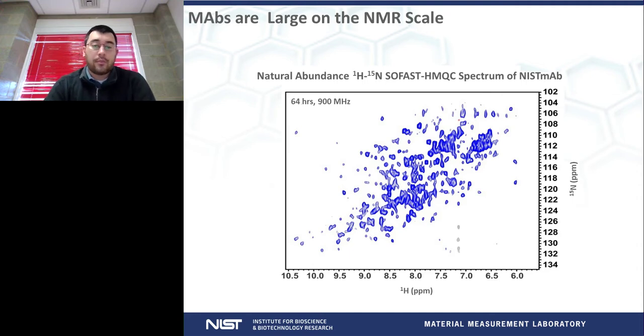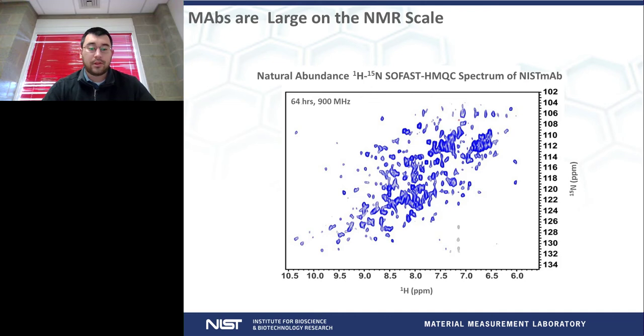So as you can see here, there is a spectrum of a proton and nitrogen correlation. This allows us to look specifically at that amide region of the backbone of the protein. One of the problems with NMR, besides the need for fast motion in solution, in this case, is the low rate of NMR active naturally abundant isotopes.